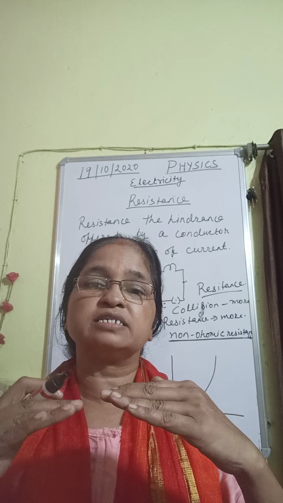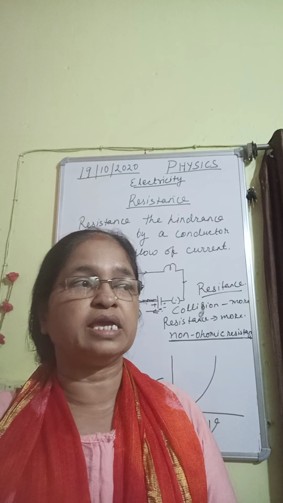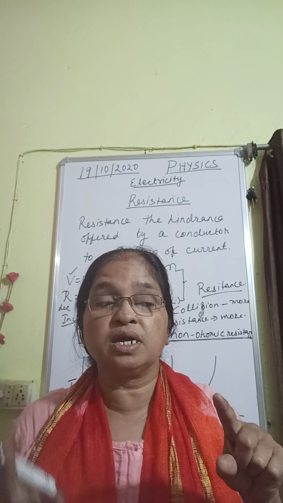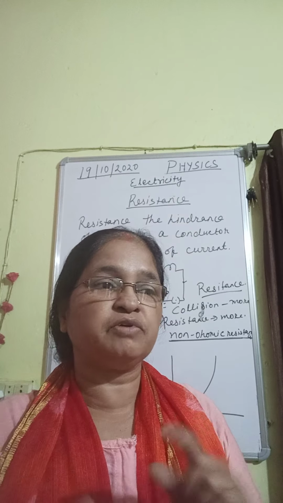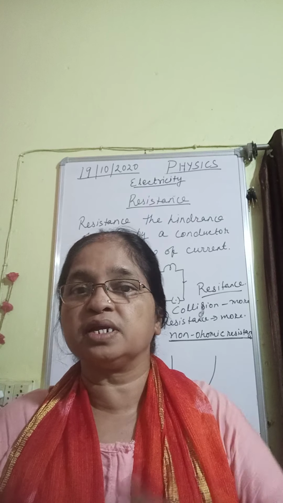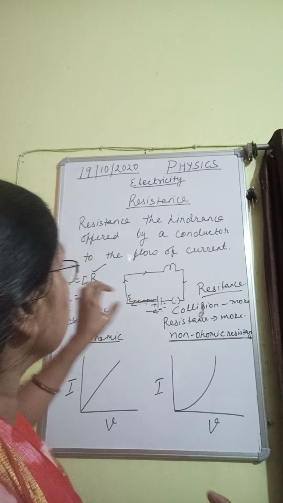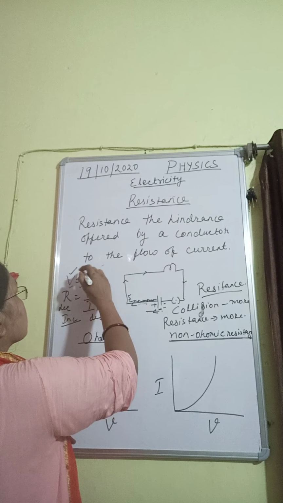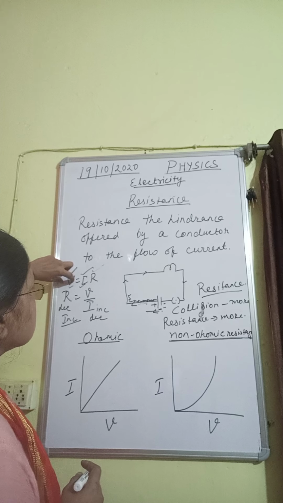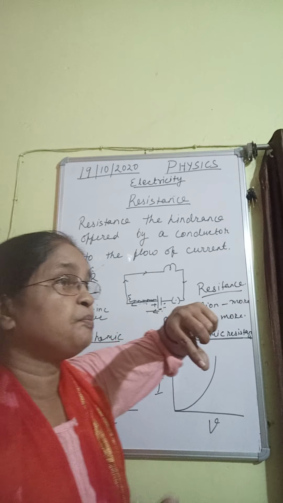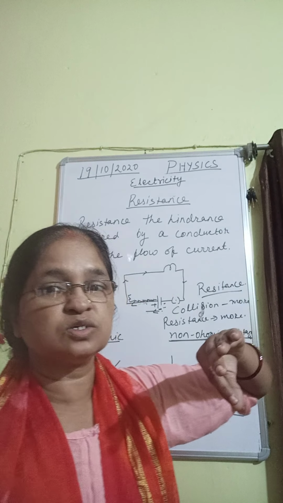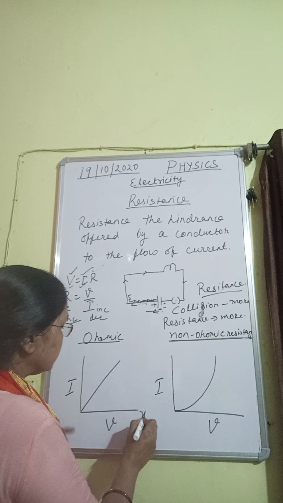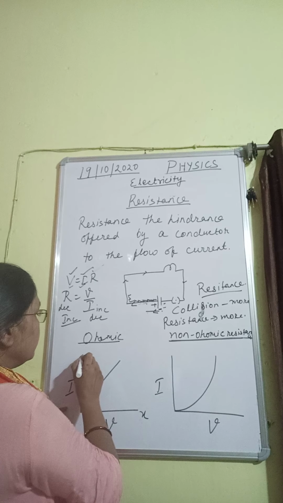I hope you know that on the x-axis we always put the independent variable and on the y-axis the dependent variable. So when you compare V and I, V is the independent variable and depending on V, I increases or decreases. So V will be on the x-axis and I on the y-axis.